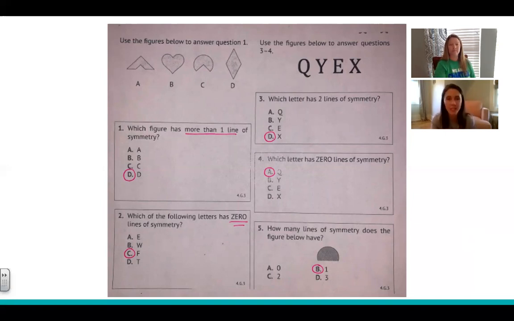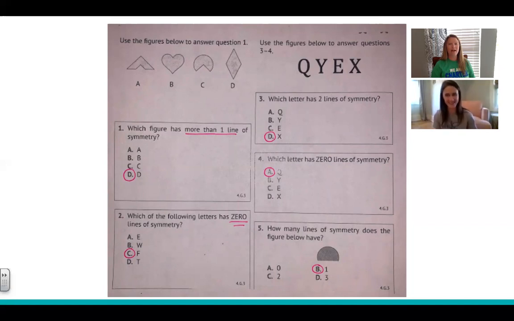So if we're looking, A has one line of vertical symmetry straight up. B, the heart, also has one line of vertical symmetry, straight up. And this little shape that looks like a sideways Pac-Man would also only have one vertical line straight up. So D, the diamond, or is this called a kite?